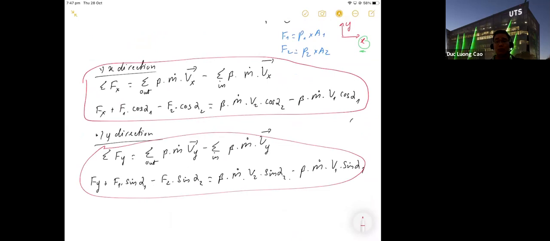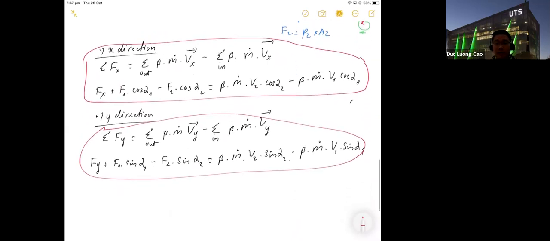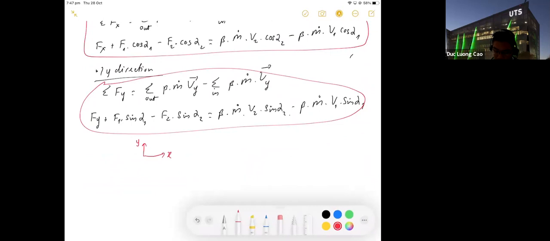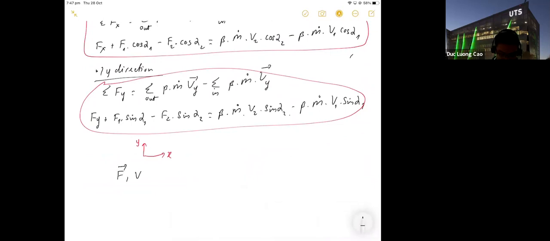This is how to write the momentum equation. So, to summarize, if you have y and x direction like this, you will have force and velocity. This one will be positive if F and V are in the same direction as x and y, or in this way or this way.